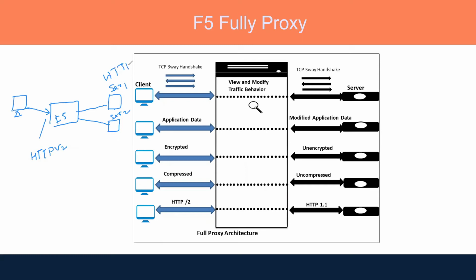You know that HTTP version 1 is not that secure or that fast. So on the front end, you can enable HTTP version 2. And on the back end, the servers are still running on HTTP version 1, no matter. They can run on version 1.